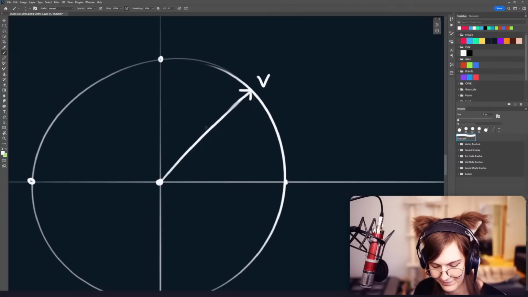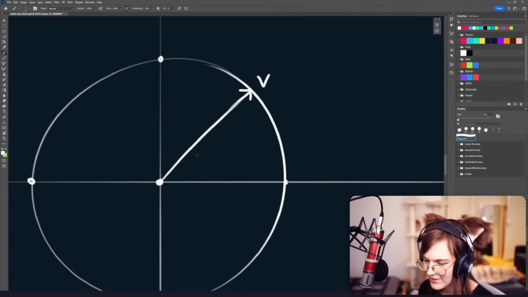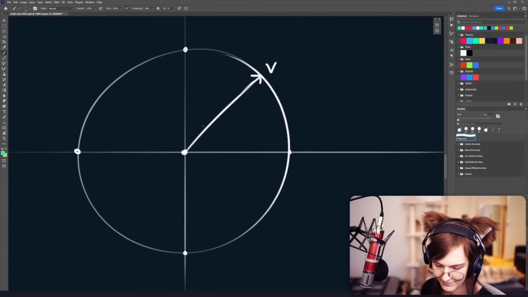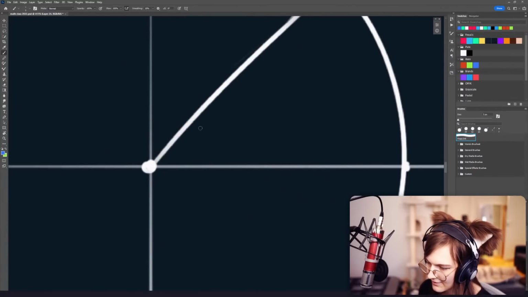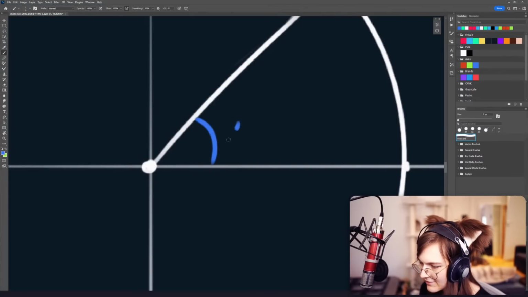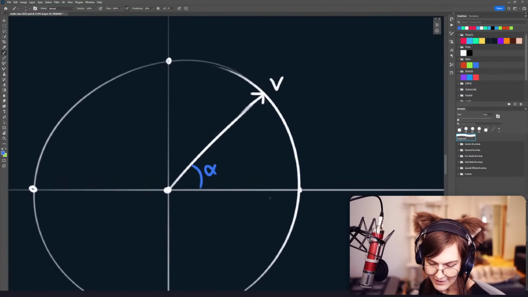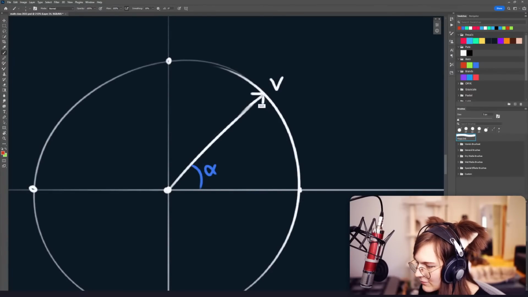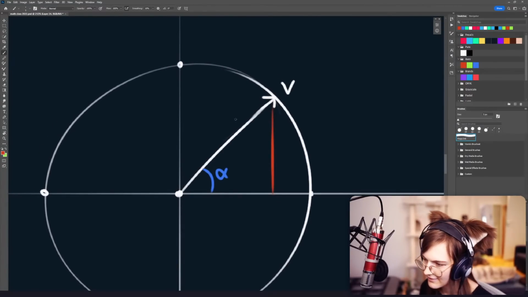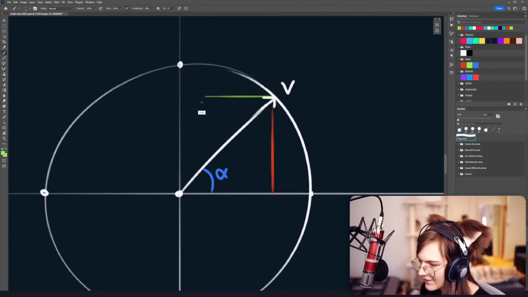And then let's say you have an angle on this one. You know the angle here, and we're going to call it either alpha or theta. I don't know, alpha is cute. And now the question is, what is the x-coordinate of this vector? And then, what is the y-coordinate of this vector?